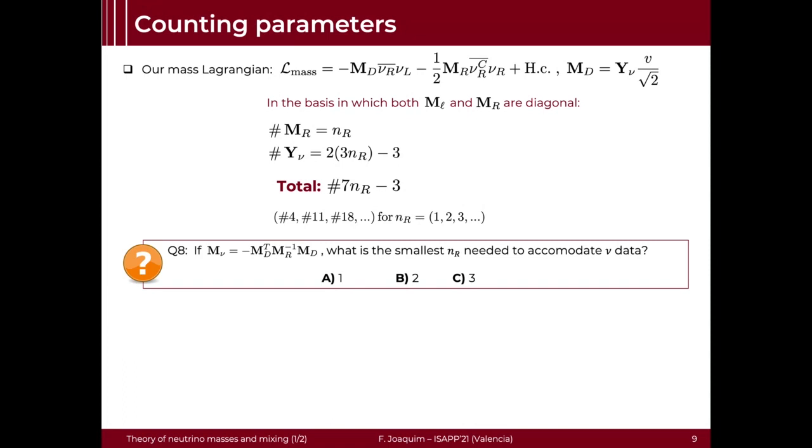Okay, so let me do it here. A, B, C, and go. How many of these do I have to add in such a way that I can not explain, but accommodate? Okay.